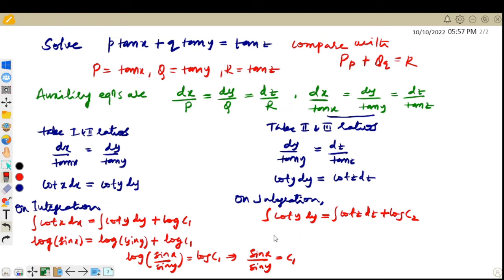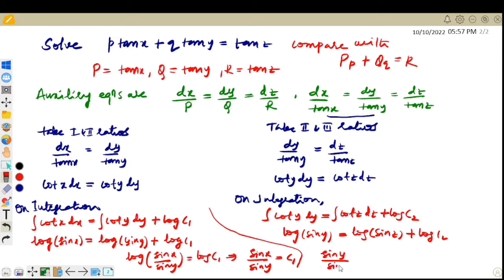So integration of cot y is log of sin y is equal to log of sin z plus log of c2. Then it will become sin y by sin z is equal to c2.